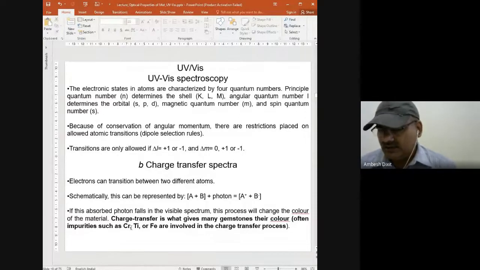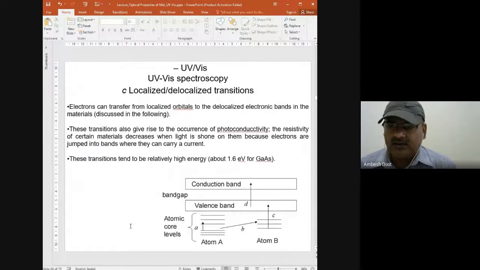Chromium is the one involved in ruby, which is sapphire, Al2O3, doped with chromium. The color that you see in ruby comes from the aluminum to chromium transitions, or chromium intrinsic transitions, that lead to the color after visible light interaction with your sample.